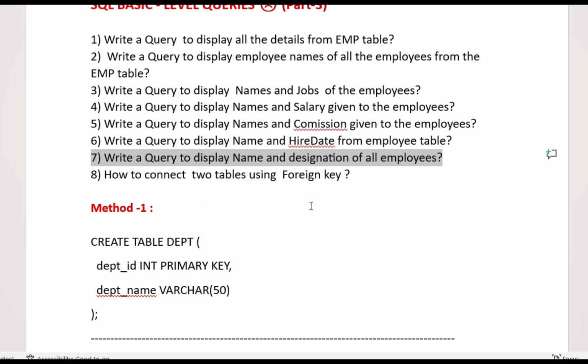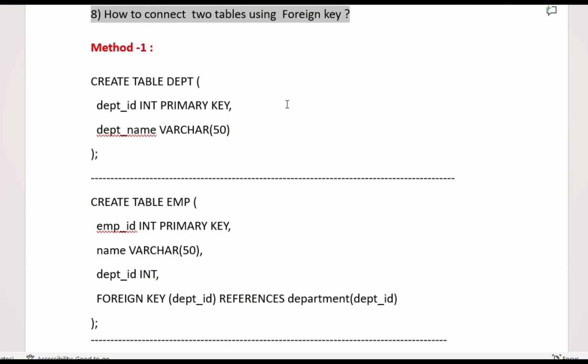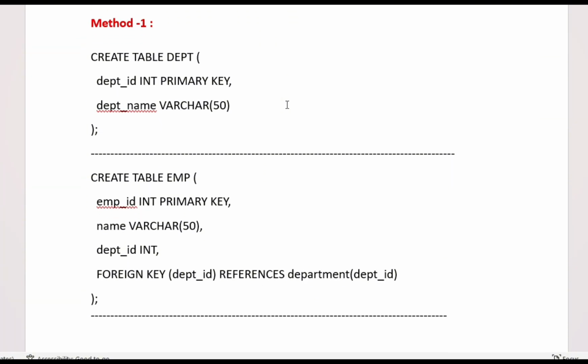Now eighth question. How to connect two tables using a foreign key? It's very important. Now let's understand how to connect two tables. For example, here we have a department table and employee table.